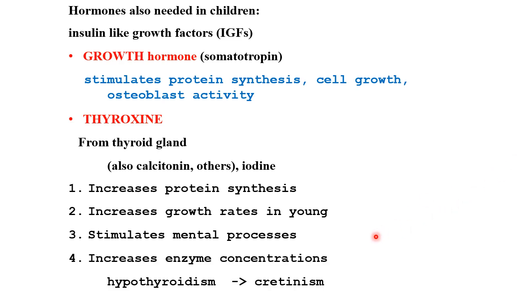Now, when you don't have a thyroid gland that works properly, you can have a disease that is called hypothyroidism, and that was first associated with cretinism or not very good mental function. We don't see much of that now.